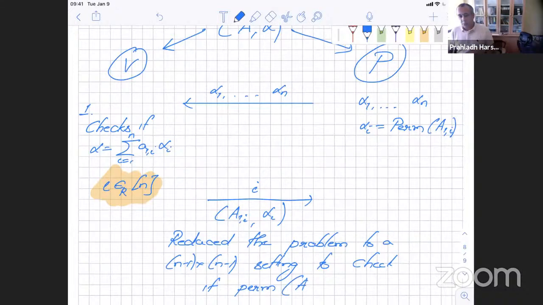And suppose we had a protocol for n-1 matrices. You run that protocol and finish it off. Once again, for that protocol, you split it up. You write A1i itself as a sum over n-2 permanents. The prover sends all those permanent values. The verifier checks if that sum is correct, then picks one of them at random and sends it across. And this is the entire protocol.